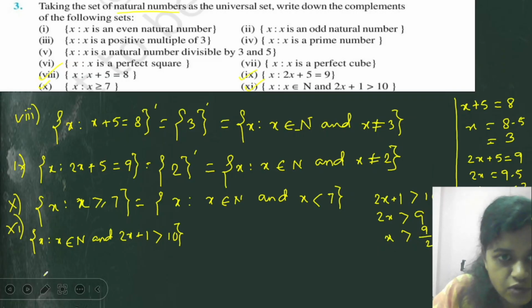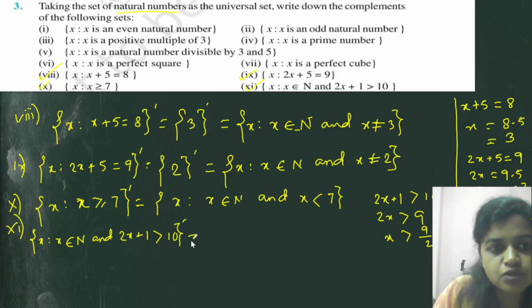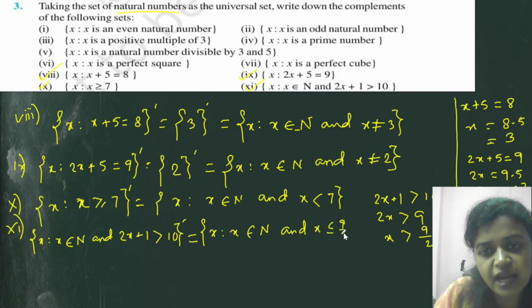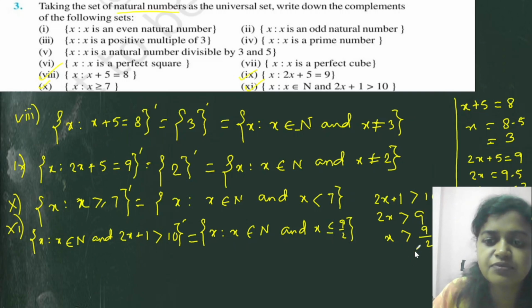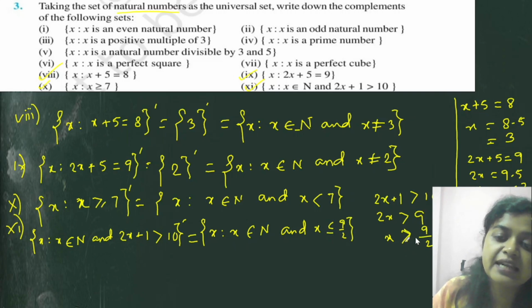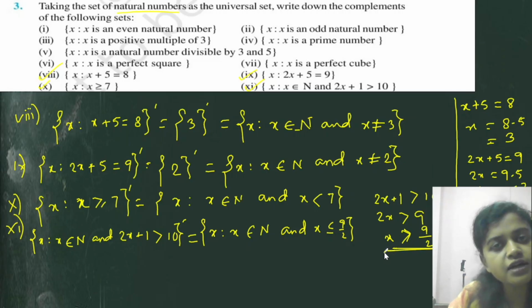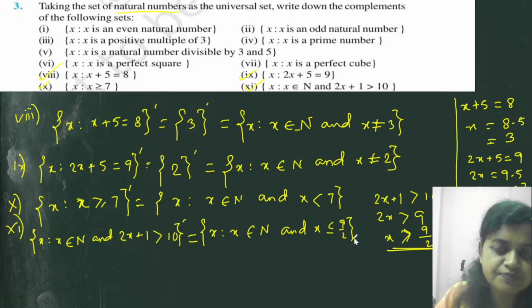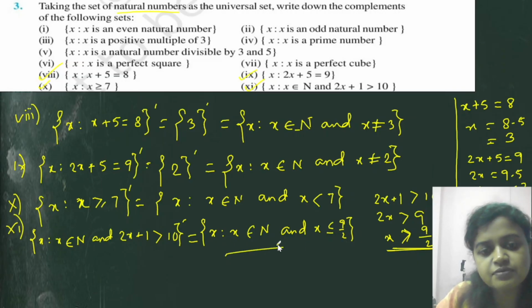We are finding the complement of this set, so we subtract the values greater than 9 by 2. In the complement we get x such that x belongs to natural numbers and x is less than or equal to 9 by 2.